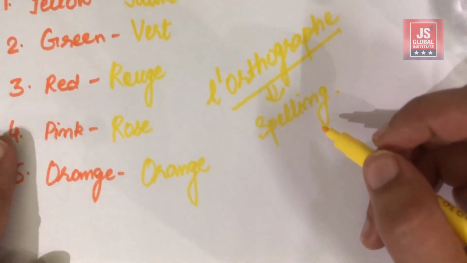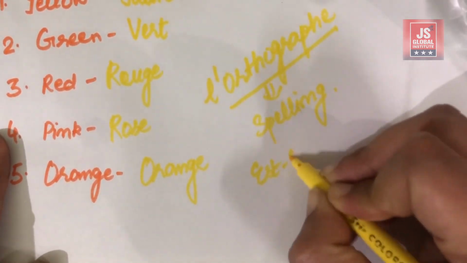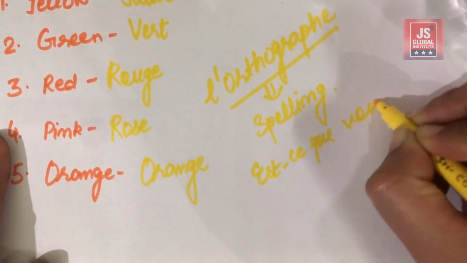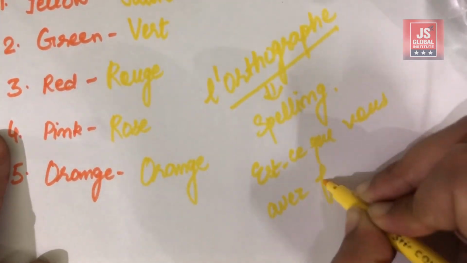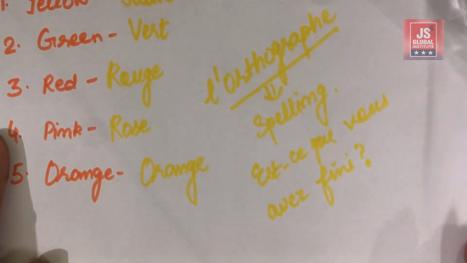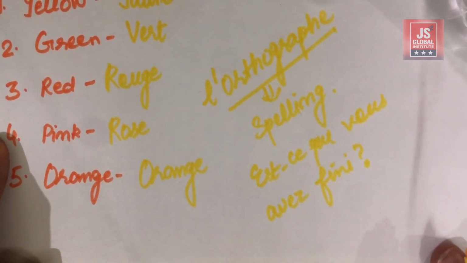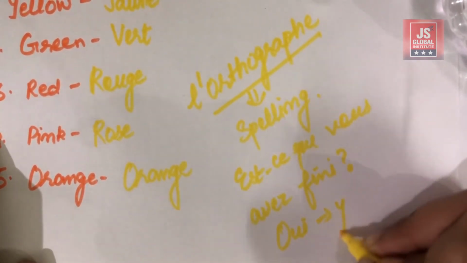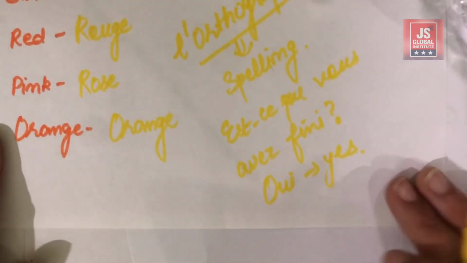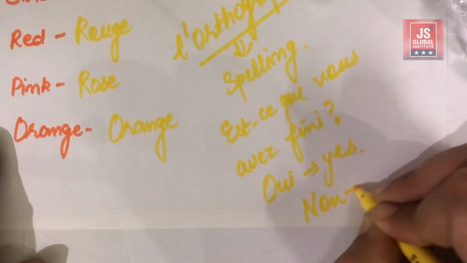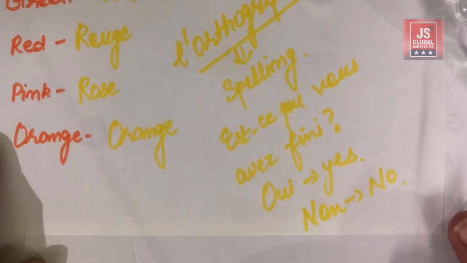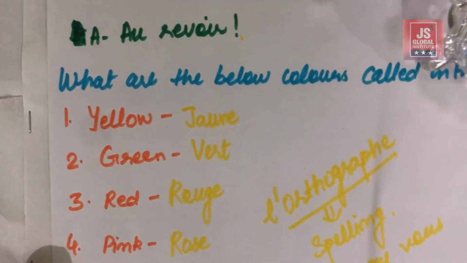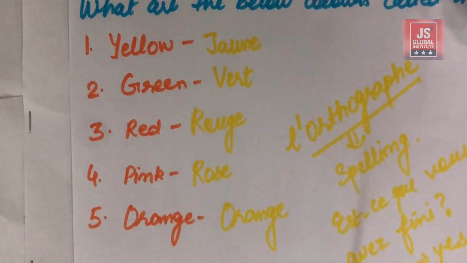And I can also say est-ce que vous avez fini? Which means have you done? So you will reply oui or no. Oui means yes, and no means no. Okay, so I hope you are done with this exercise and you have understood the colors as well as the conversations very well.